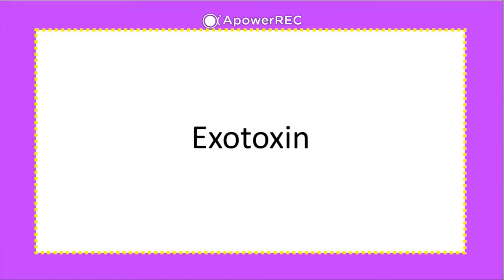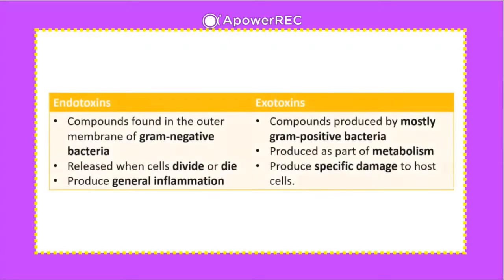Exotoxin. Okay, so there are both endotoxins and exotoxins. Endotoxins are probably the most difficult concept to grasp because you can have compounds that exist on the cell wall, which seems like the outside of a cell.